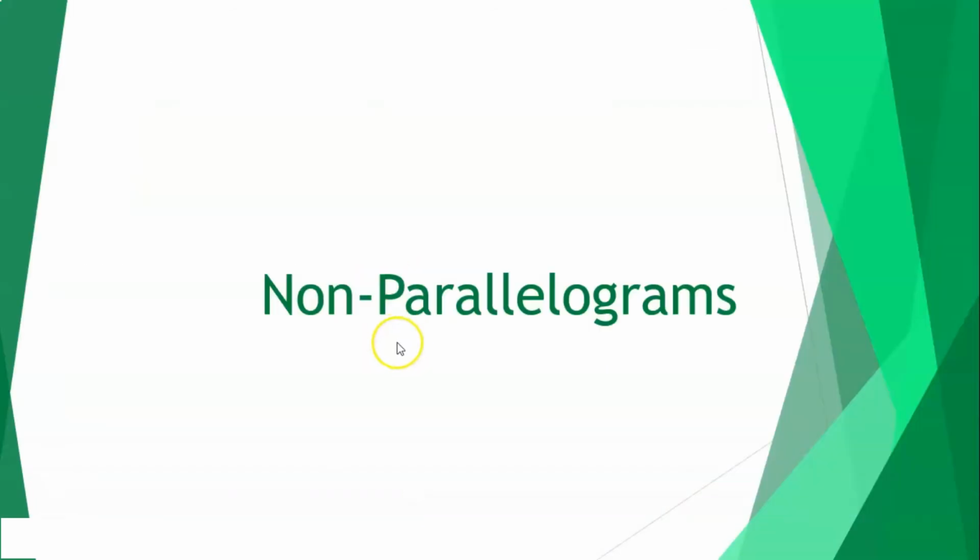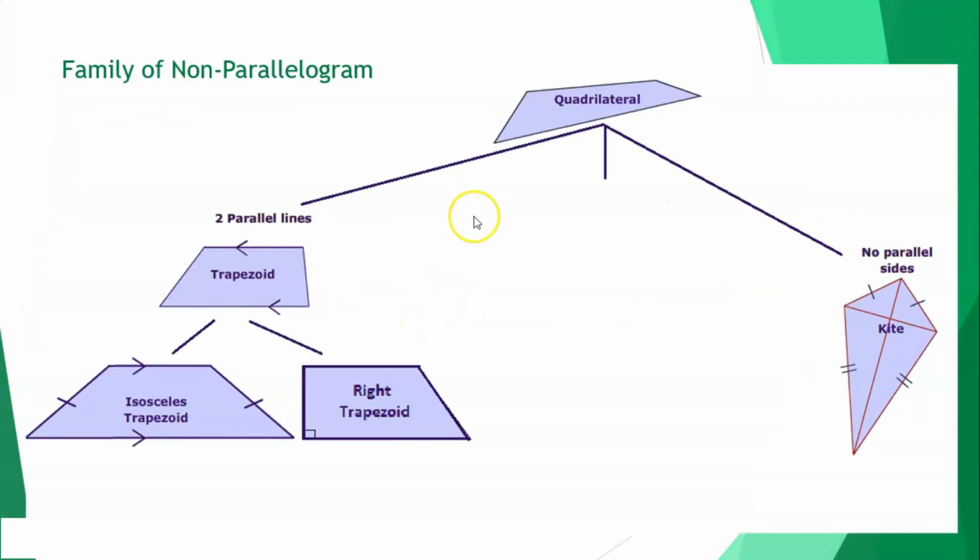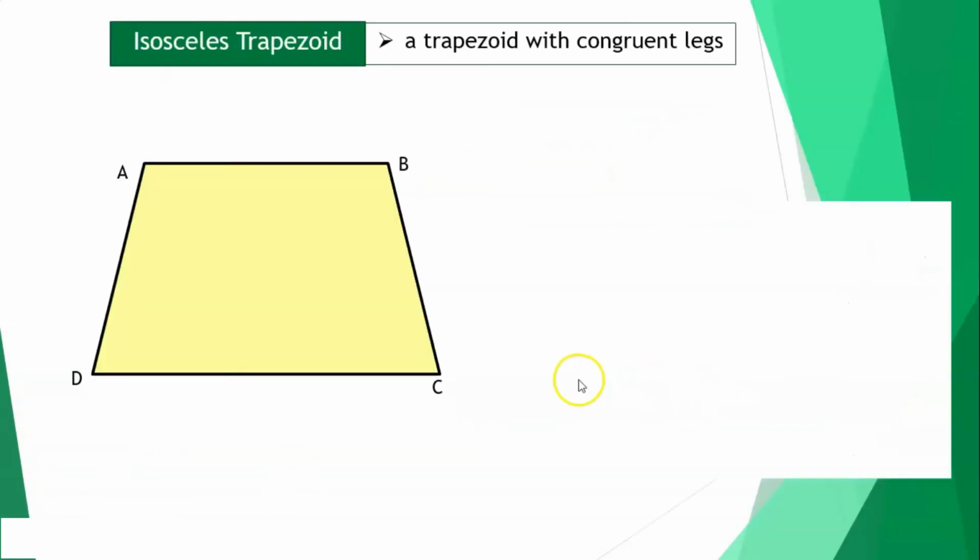Okay, non-parallelograms. Now, quadrilaterals which are considered as non-parallelograms have two sets. It could be a trapezoid or it could be a kite. Now, for a trapezoid, we will focus on an isosceles trapezoid. So to begin with, an isosceles trapezoid is a trapezoid with congruent legs.